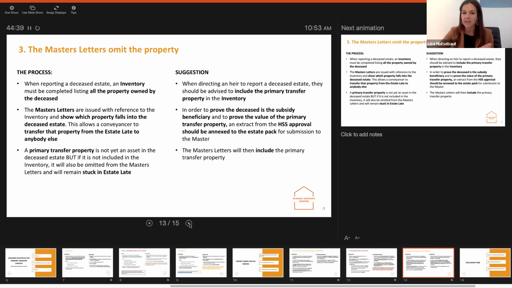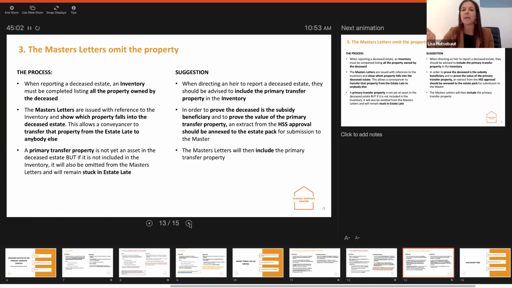They will need to annex it to the inventory to show the master, okay, my deceased is entitled to this property, it's valued, and the value is relevant because the master must determine what kind of an estate it is. We can touch on that a little bit more when I finish this section. So they need to show that the beneficiary was entitled to that subsidy as well as what the value is.